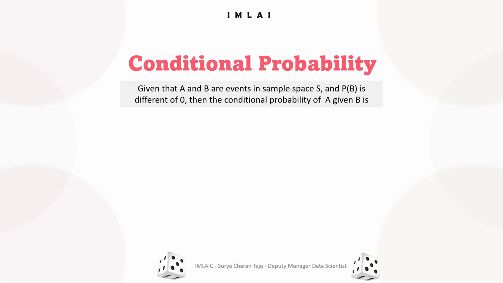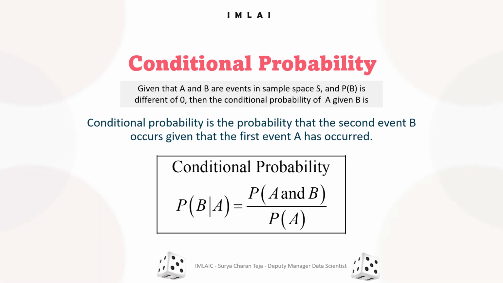So to calculate the conditional probability, we use this formula. Conditional probability is the probability that the second event B occurs given that the first event A has occurred.